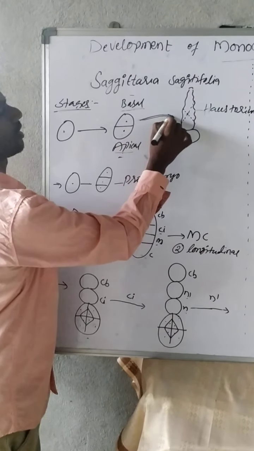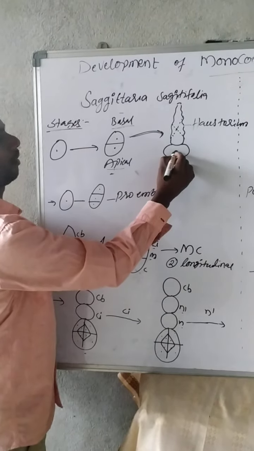This is the basal cell. Now this is the apical cell.